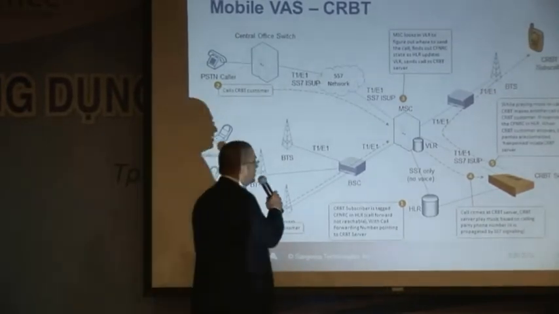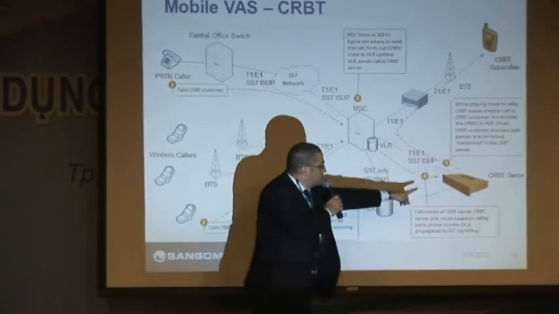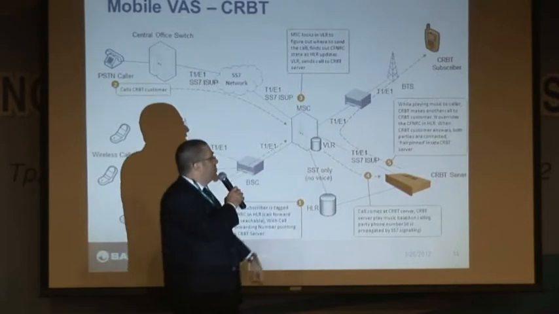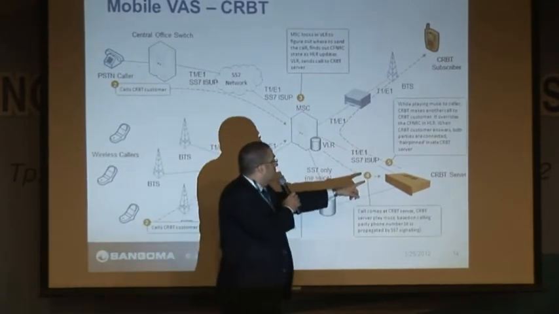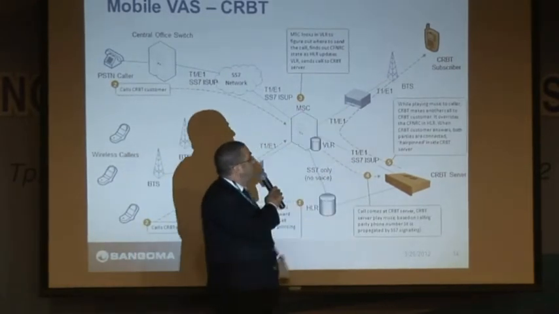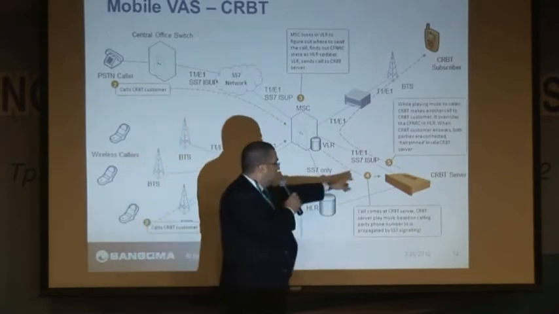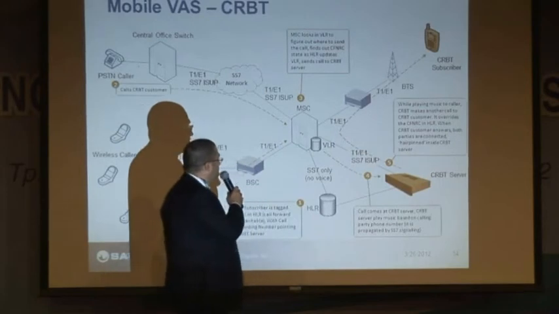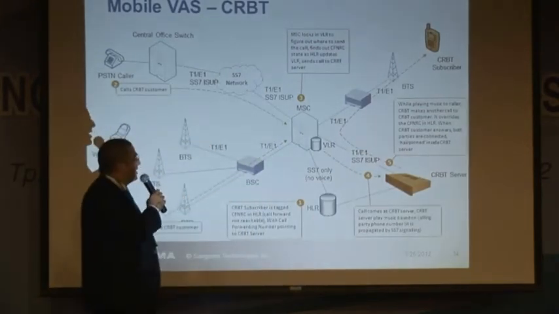So basically, the information will go to the server. It will not go to the subscriber that's supposed to answer it. It will go to the server, and from the server it will go to the subscriber. So the server will play the music to the subscriber. And all of this is done through this SS7.